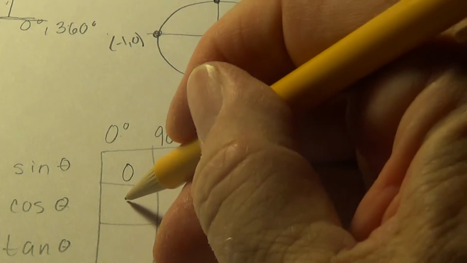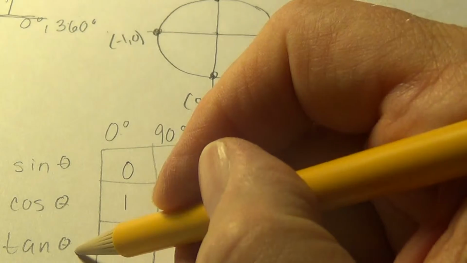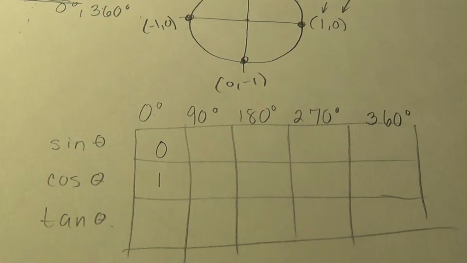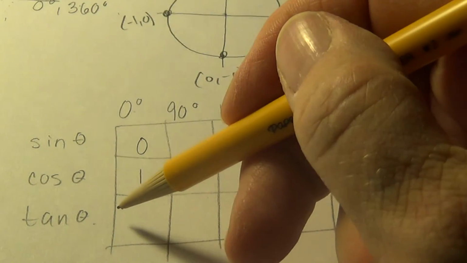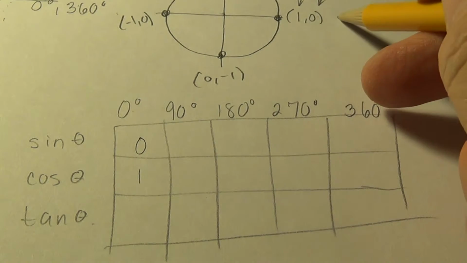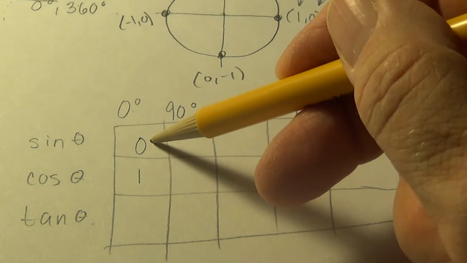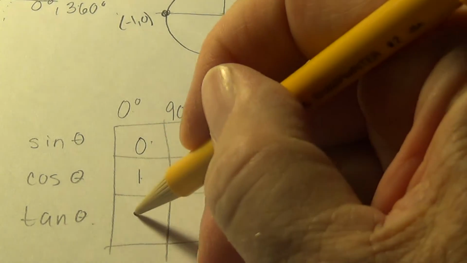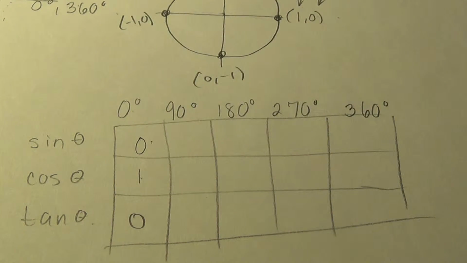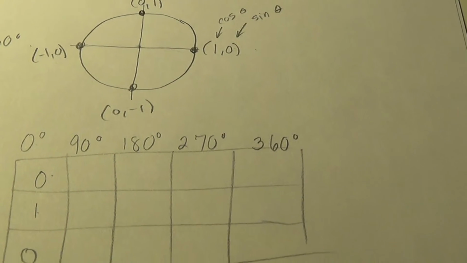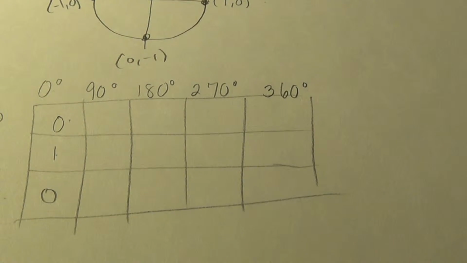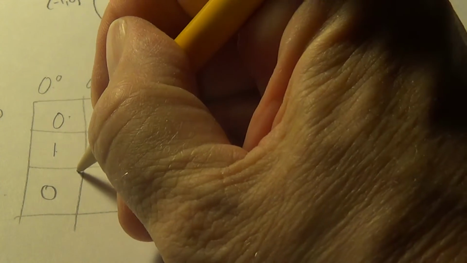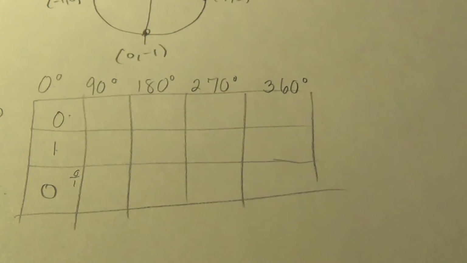The cosine is 1. The tangent is the second coordinate divided by the first, so 0 divided by 1 is 0. We can have 0 on the top, but not on the bottom. We cannot divide by 0, but we can have 0 divided by 1. That's fine.